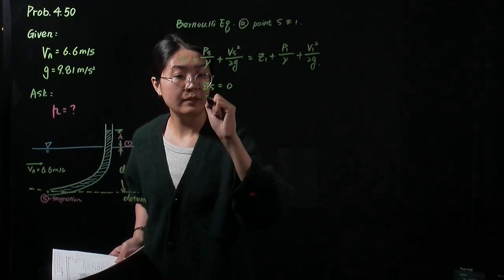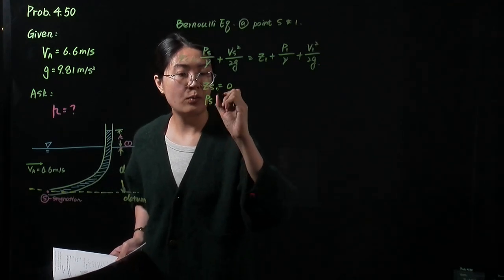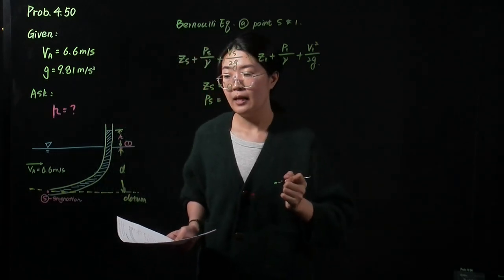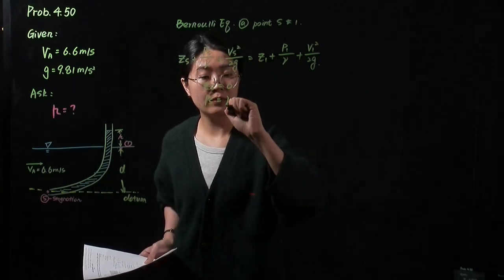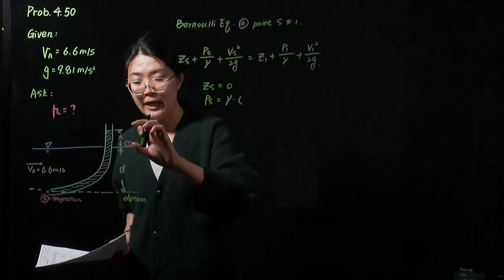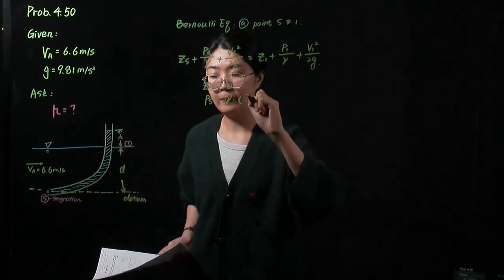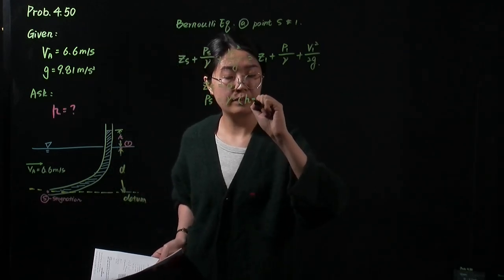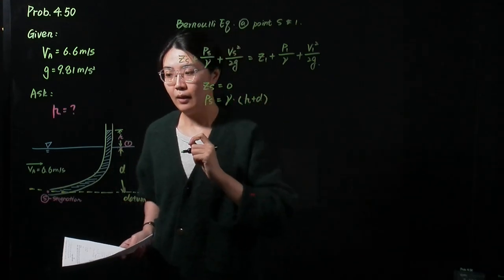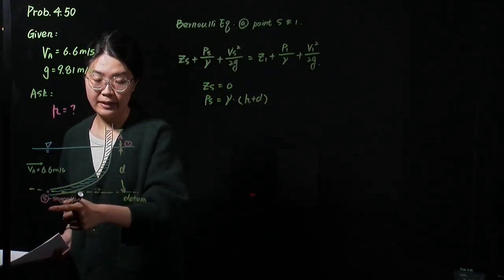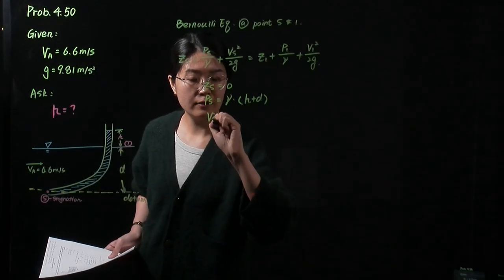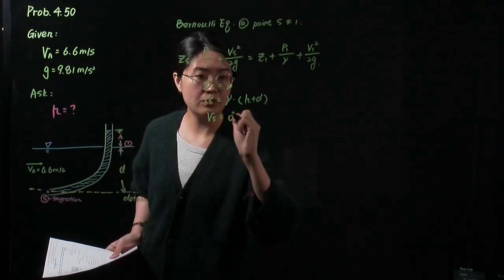And Ps, the pressure at this point, is hydrostatic. It equals gamma times h plus d. Because it's a stagnation point, the velocity equals 0. Therefore, Vs equals 0.